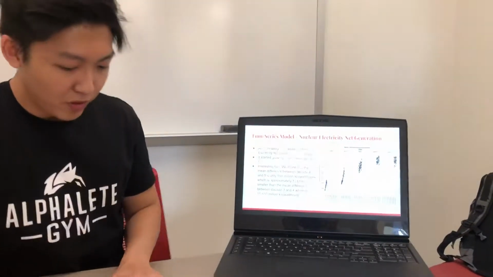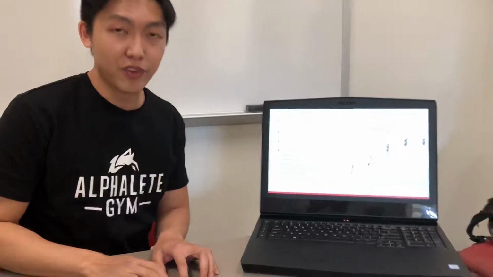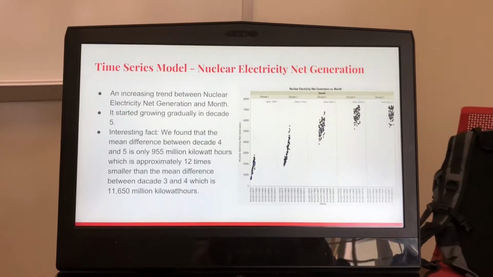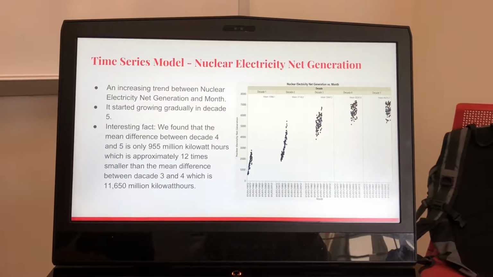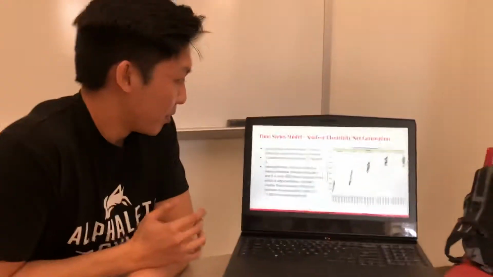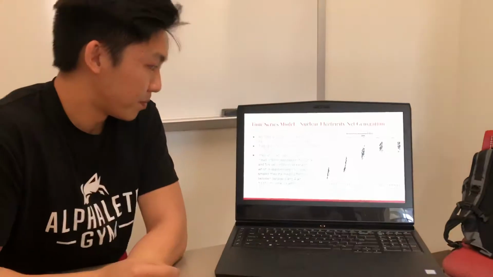Before we talk about the time series model, we will first explore the trend of variables such as nuclear electricity net generation, capacity factors, and nuclear share over the months and decades. Looking at the graph, we found an increasing trend between nuclear electricity net generation and month.